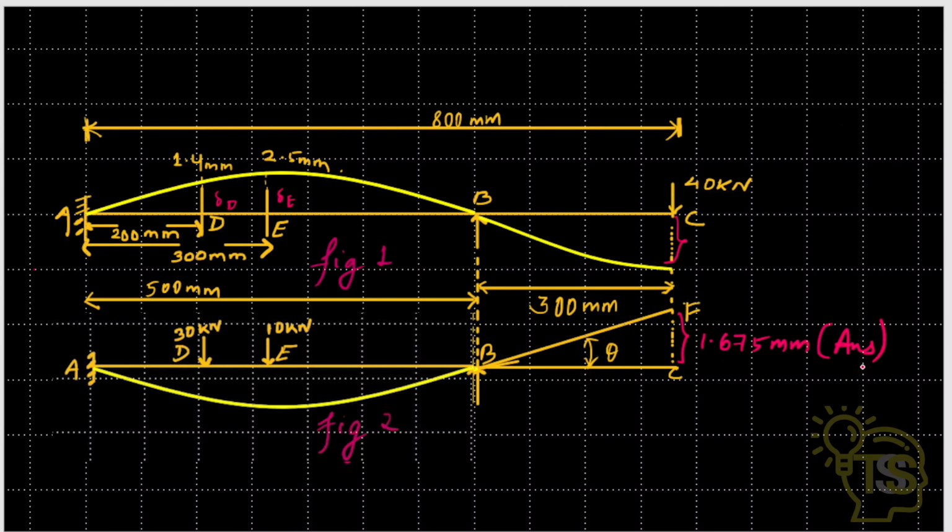And again, it's also asked to find the angular rotation of the member at the prop, that is at B. In the second diagram at B, due to the angular rotation, the triangle BFC is formed, whose deflection, that is FC, we know, which is 1.675 mm, and the distance BC is 300 mm.